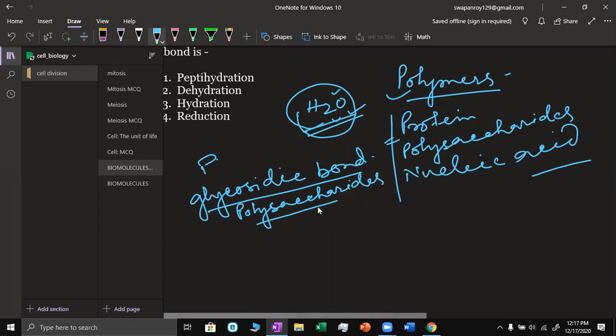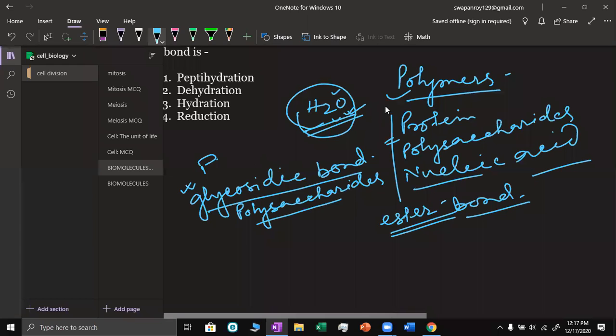When two monosaccharides are joined, a glycosidic bond forms, and one molecule of water is released. In nucleic acid, there is formation of ester bond, and water is also released.